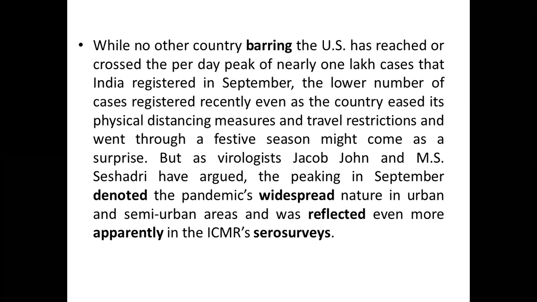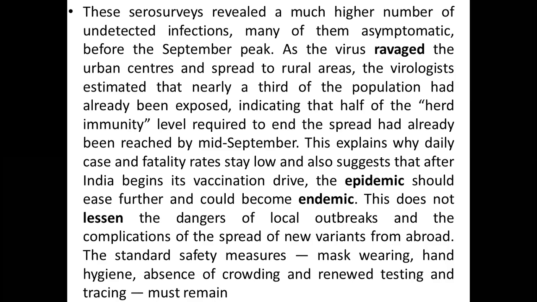But as virologists Jacob John and MS Sheshadri have argued, the peak in September denoted the pandemic's widespread nature in urban and semi-urban areas and was reflected even more apparently in the ICMR sero surveys. These sero surveys revealed a much higher number of infected.